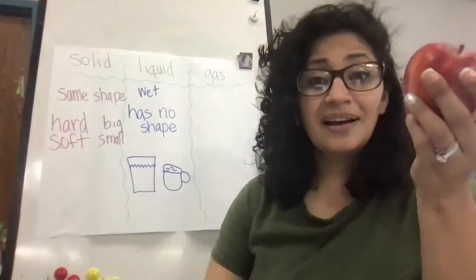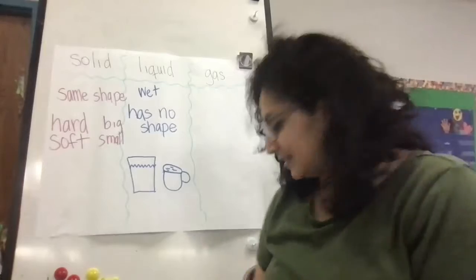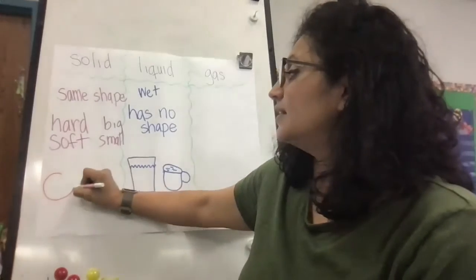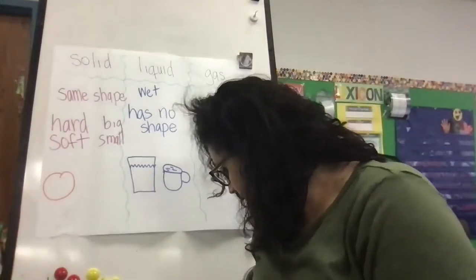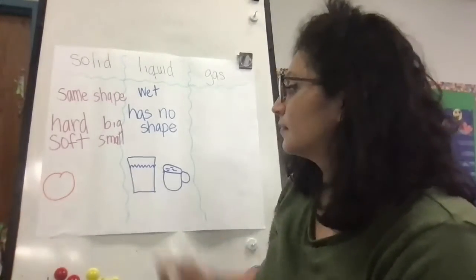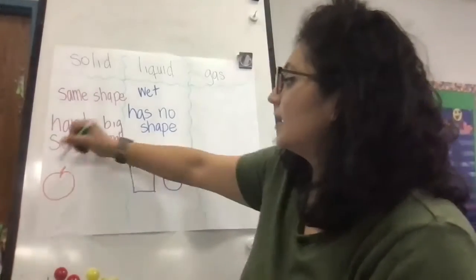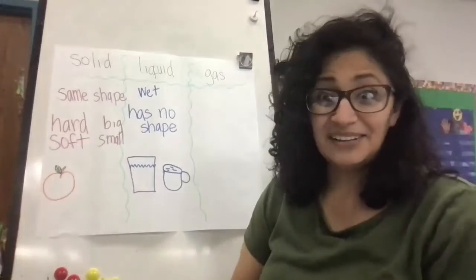For example, my yummy apple. Yummy snack. I'm going to draw my apple on the poster board. So here is my yummy apple. Then I have the stem. And sometimes an apple comes with a little leaf. Yummy.